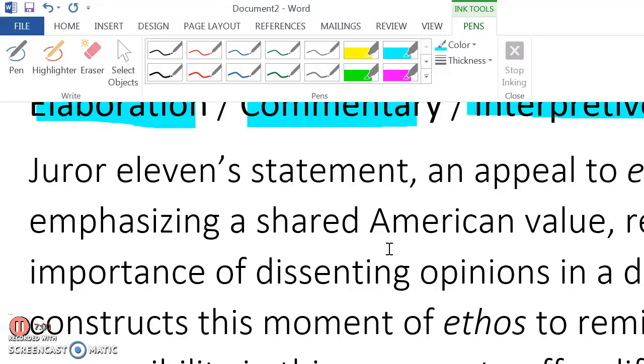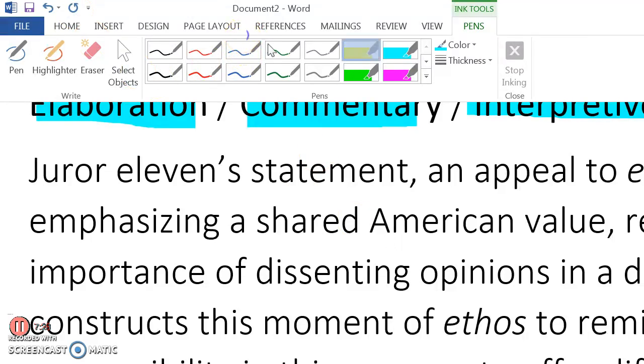why is this some fairly good elaboration, even though I just wrote it live and it's not perfect? Firstly, I have specifically explained how he's constructed an appeal to ethos. Okay, that's the first thing. The first step to analyzing rhetoric is being really clear, like, what exact appeal did he construct?